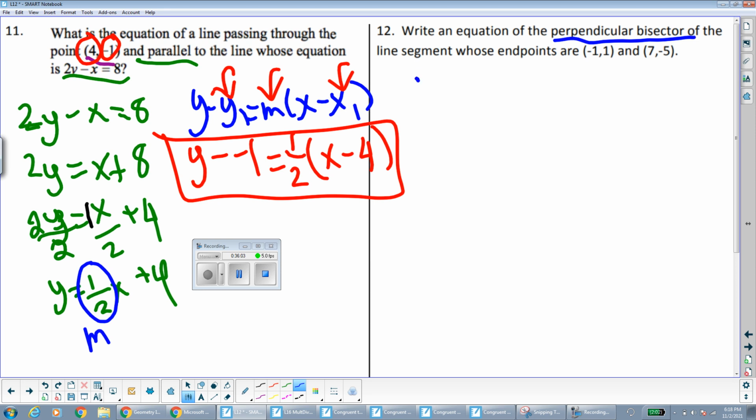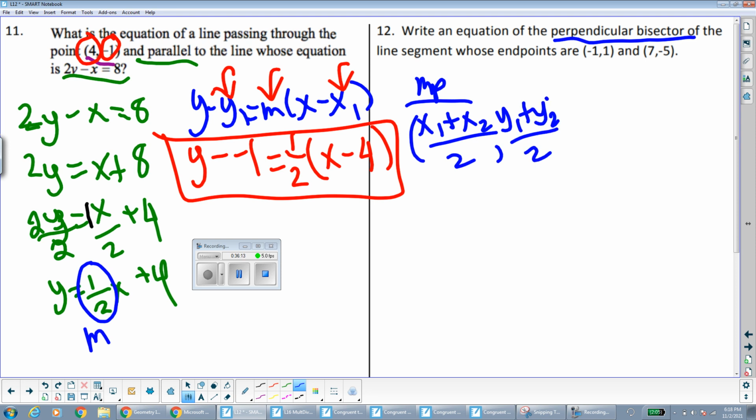So let me use the points here to find the midpoint. Remember, the midpoint formula is the average of the x's, comma, the average of the y's. So I'm just going to plug in. Our x coordinates are -1 and 7.